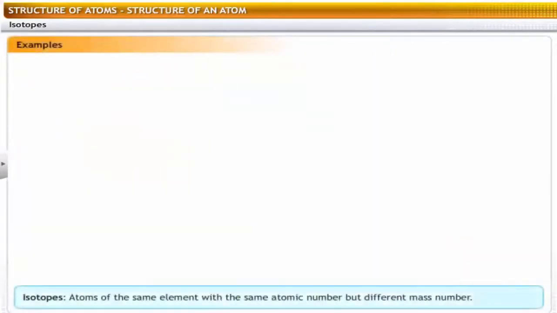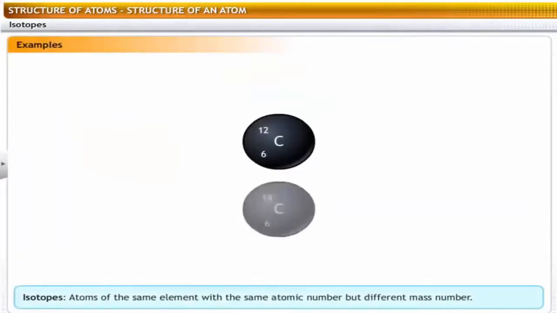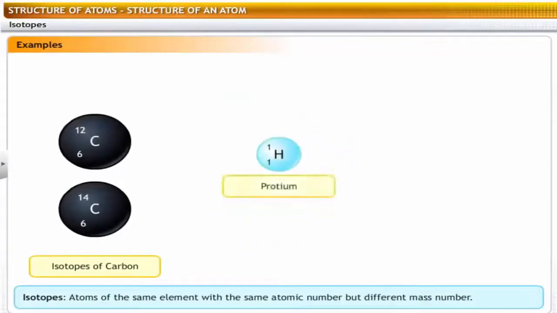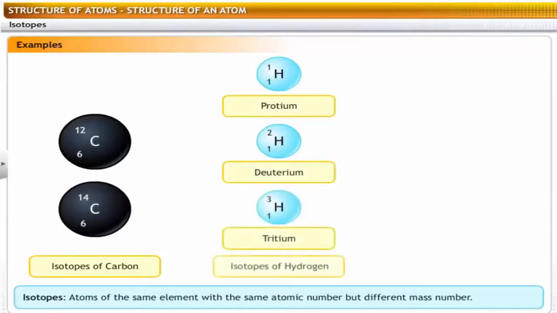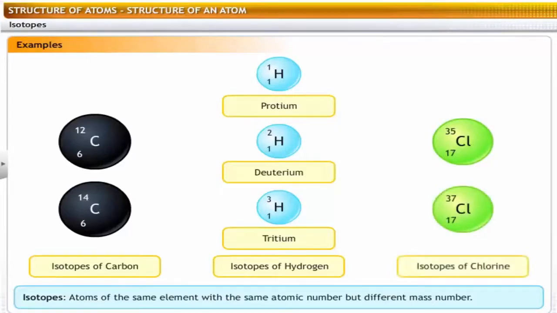For example, carbon-12 and carbon-14 are isotopes of carbon. Protium, deuterium and tritium, 1H1, 2H1 and 3H1, are isotopes of hydrogen. Chlorine-35 and chlorine-37 are isotopes of chlorine.